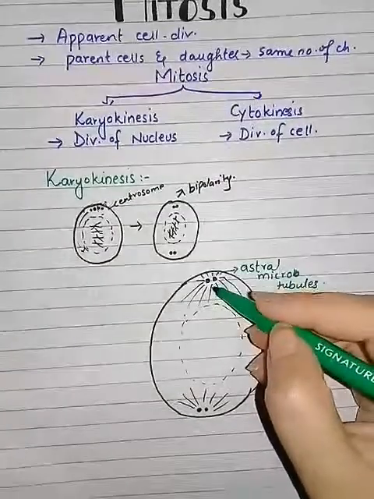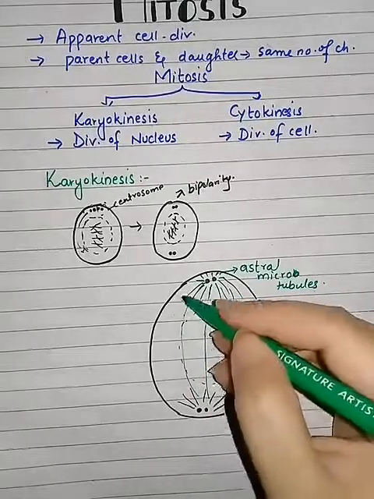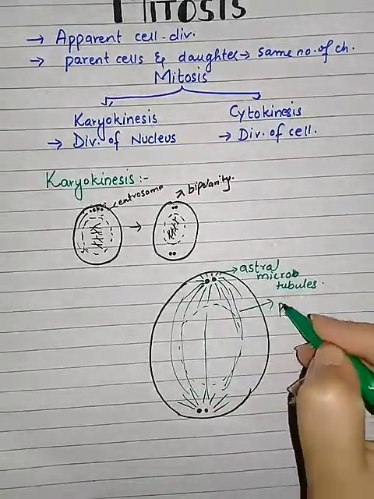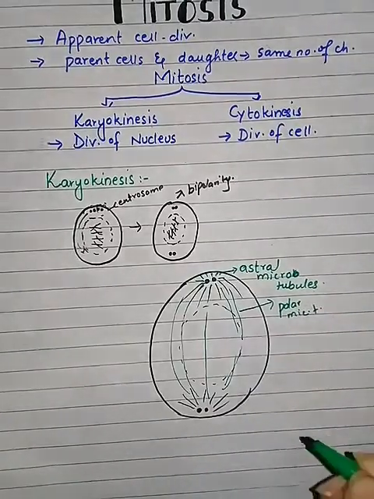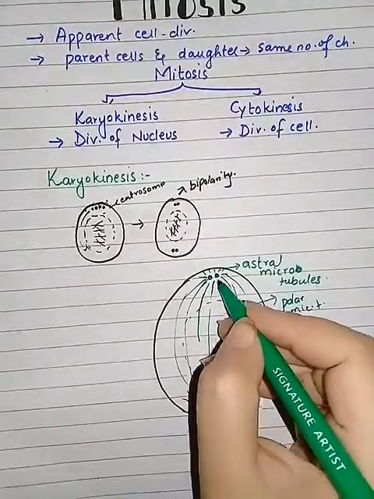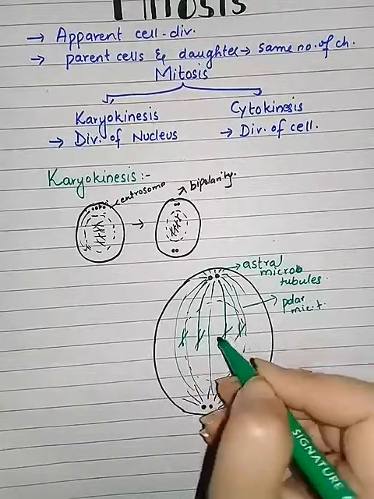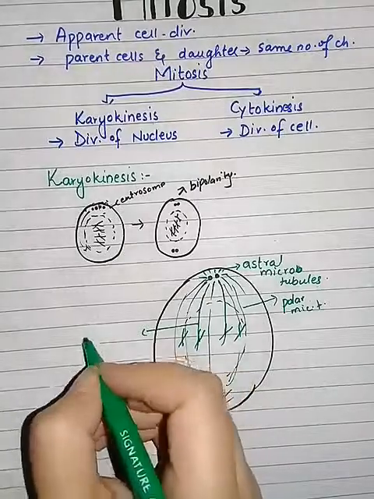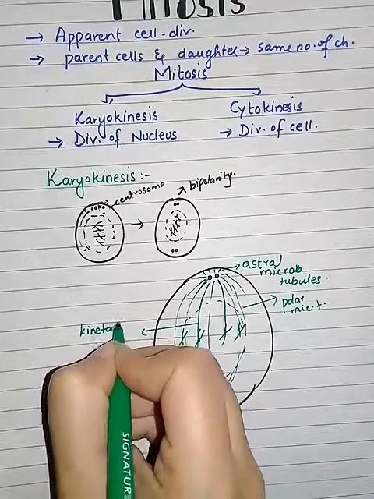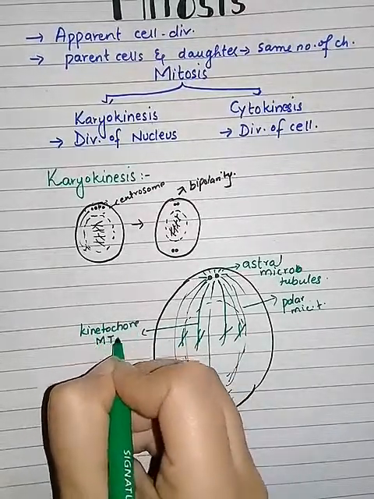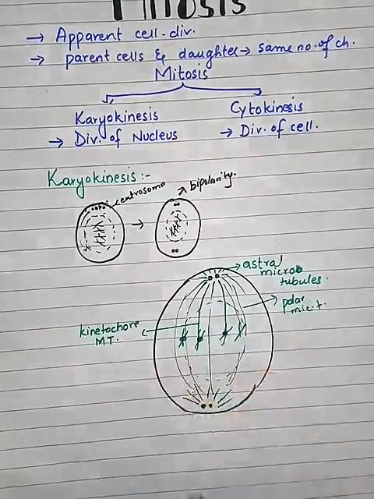Okay. Now the microtubules which will run from one pole to the next pole, they will connect from pole to pole, and will be known as the polar microtubules. And the ones which will handle the chromosomes are known as kinetochore microtubules, because they will attach at the kinetochore of the chromosomes.